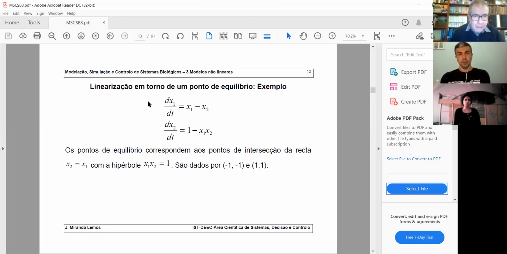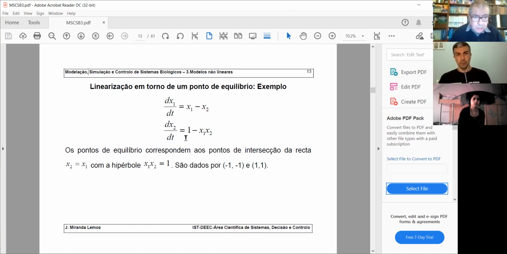Suppose that you have these two nonlinear equations. You have two equilibrium points. How can you find these equilibrium points? Just equate the derivatives to 0. So one of the conditions from the first equation is x1 equal to x2.